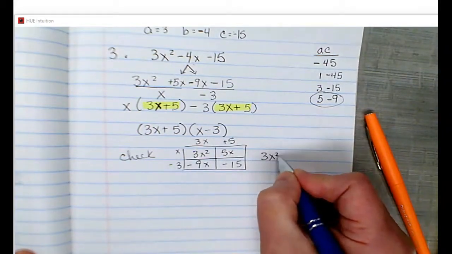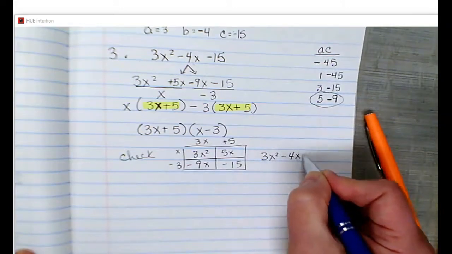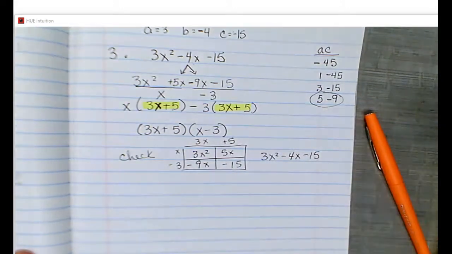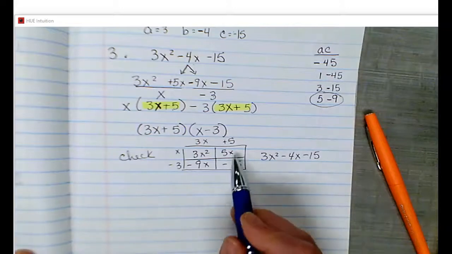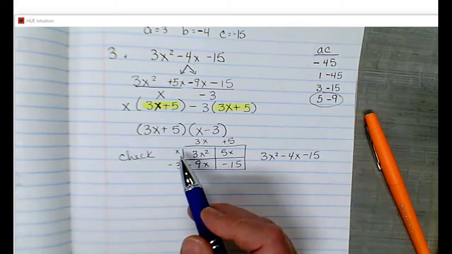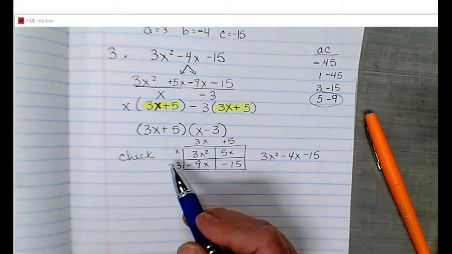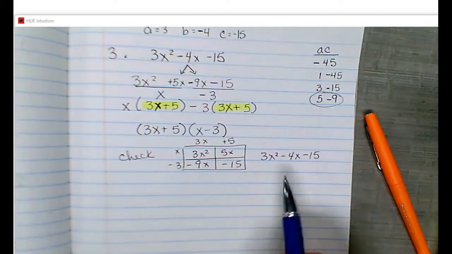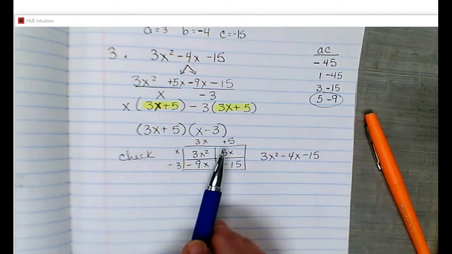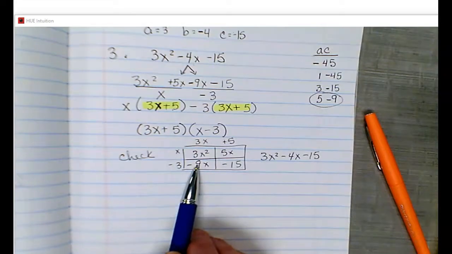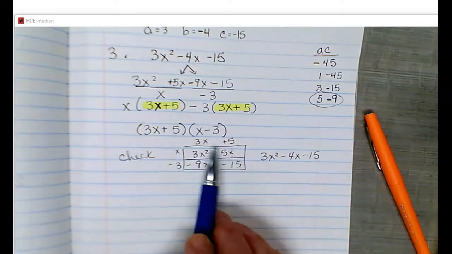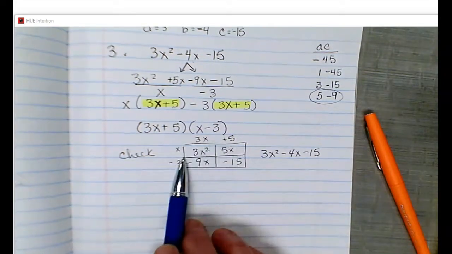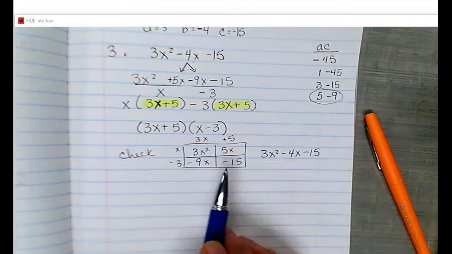Combine like terms. Do you see that the check is exactly backwards to solving the problem? This negative 4 divides into these two terms. Then that allows these to be the factors that give us the box problem.